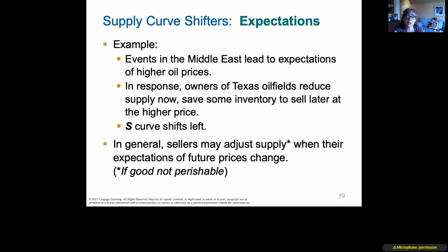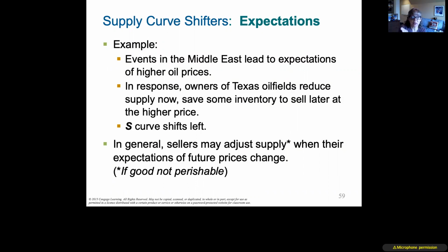So if the Middle East is such that maybe there's a lot of unrest, maybe there's some shipping issues, and oil coming from the Middle East becomes more expensive because we think it's going to happen, because we see things happening in the Middle East that lead us to believe oil is going to become more expensive, people in Texas may decide not to give their supply over into the supply chain right now. They may hold that inventory and wait for prices to go up and sell it later.